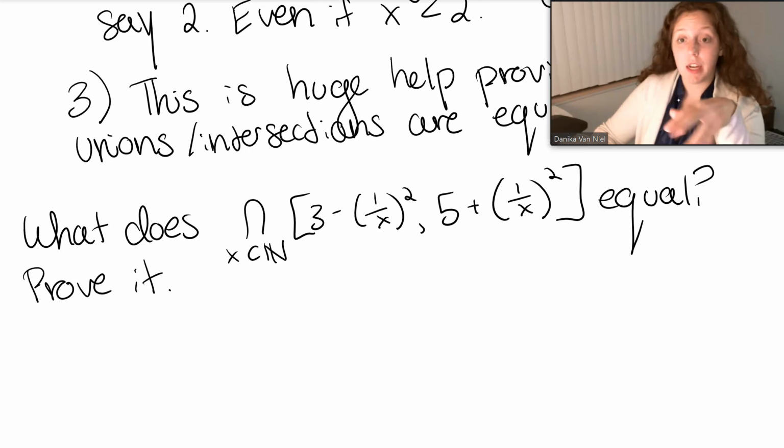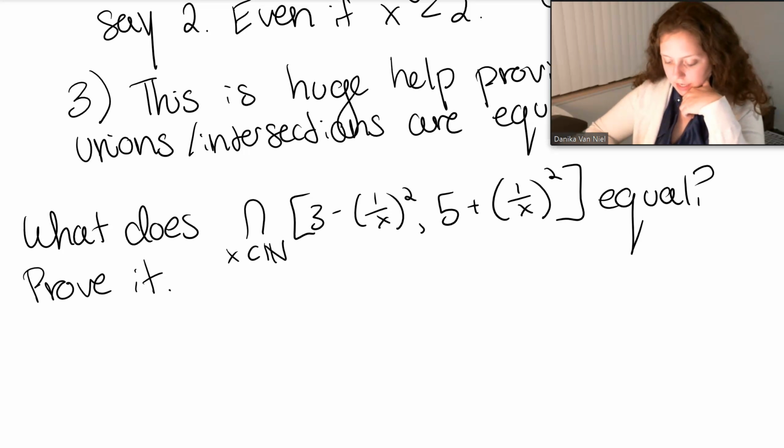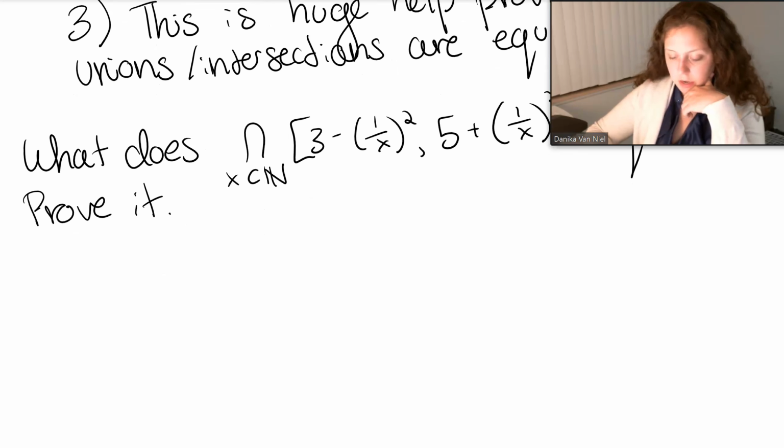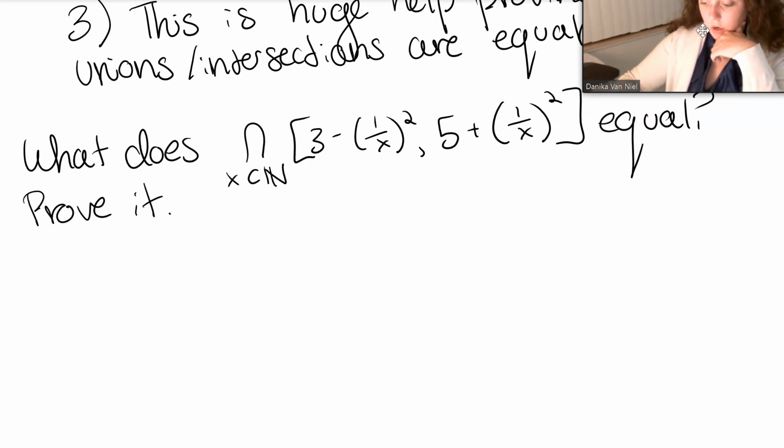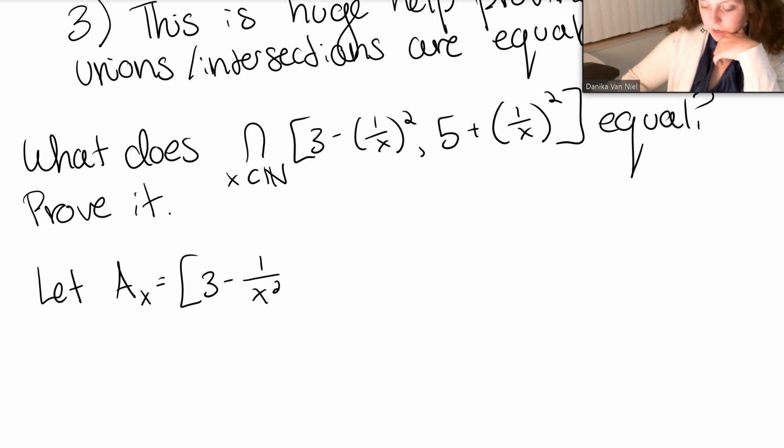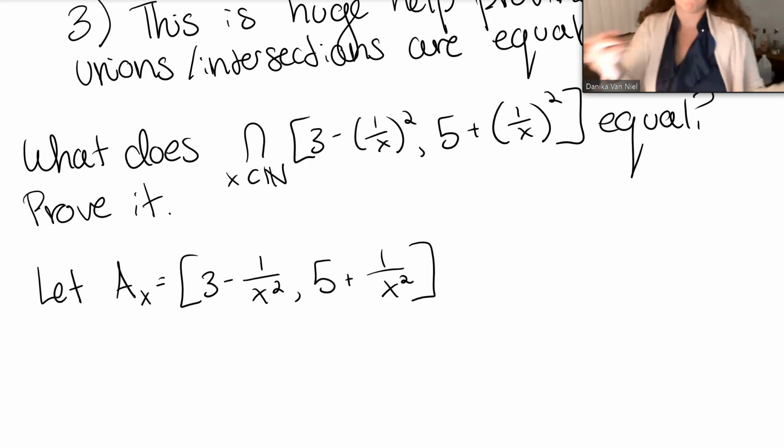So here's another thing that I like to do, maybe on an exam: I'll say, let A sub x equal the interval from 3 minus 1 over x squared to 5 plus 1 over x squared. Okay, so now I don't have to rewrite that every time.